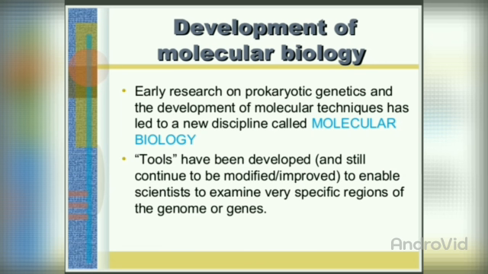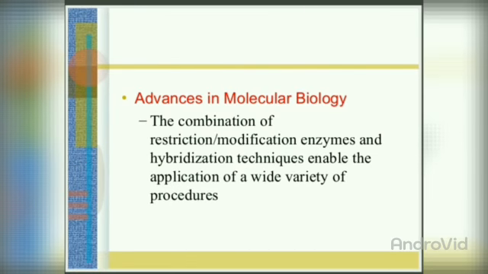Early research on prokaryotic genetics and development of molecular techniques has led to a new discipline that is called molecular biology. The tools have been developed to enable scientists to examine very specific regions of the genome or gene.